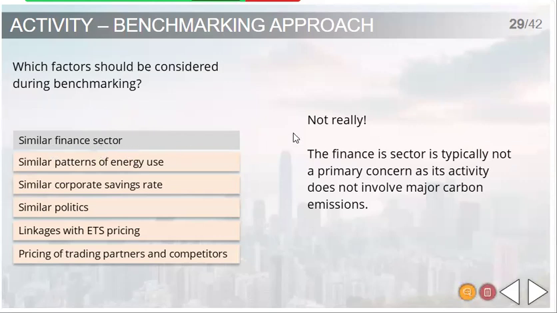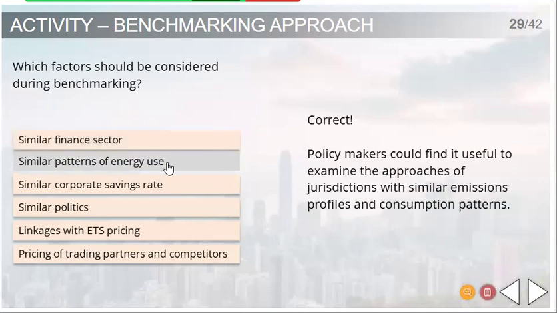Similar finance sector, not really, because the finance sector is typically not a primary concern as its activity does not involve major carbon emissions. Similar patterns of energy use is correct, because policymakers could find it useful to examine the approaches of jurisdictions with similar emissions profiles and consumption patterns.